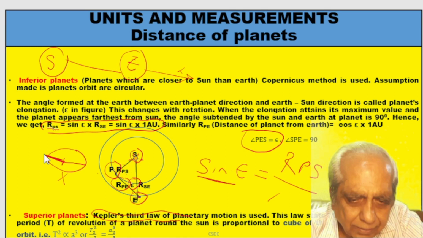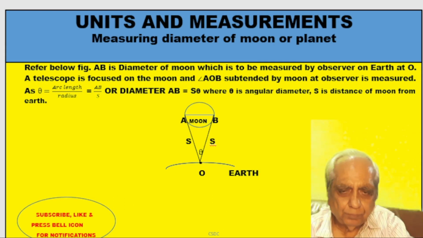So these are the various calculations. Now we will do the last calculation, which is very simple. This is my earth. I am at point O. This is the moon. I am observing the moon from O to A at one end of the moon, and then I will move my telescope and observe the other end B. This angle theta is called the angular diameter of the moon.